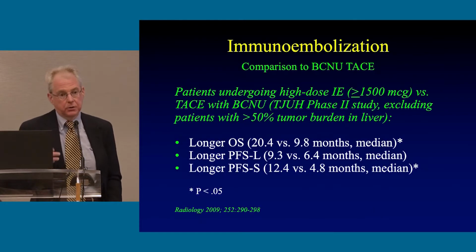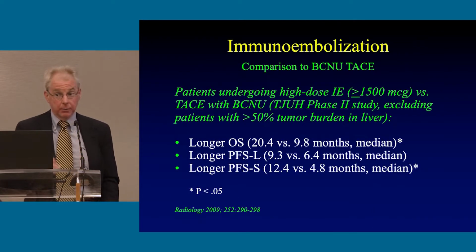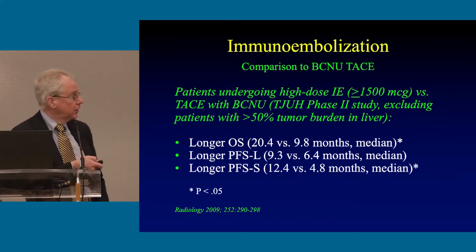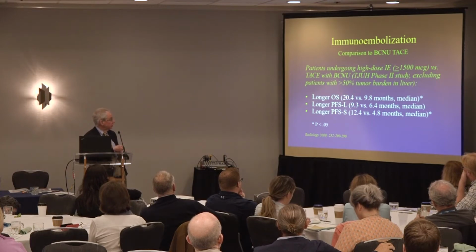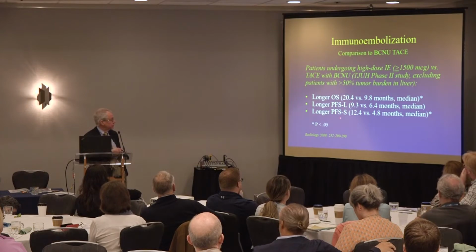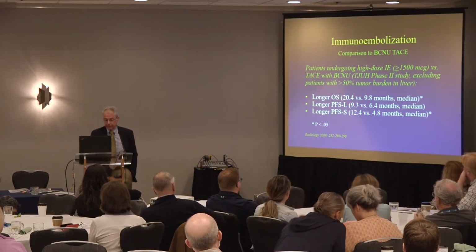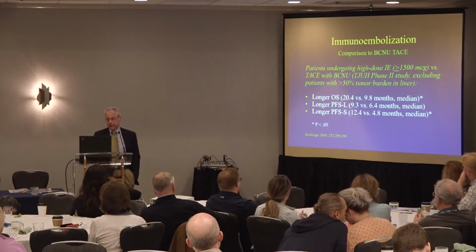When we compared patients undergoing immunoembolization at a higher dose to a different group of patients who had undergone chemoembolization, we did see that there was a longer survival with the immunoembolization patients, and also, again, took longer to develop tumors outside of the liver.